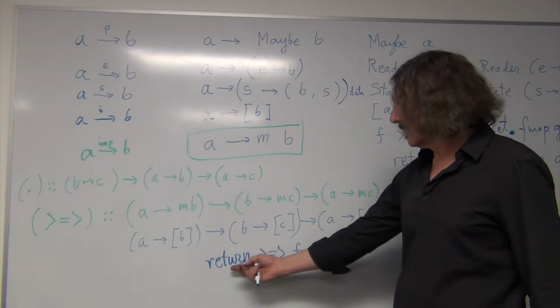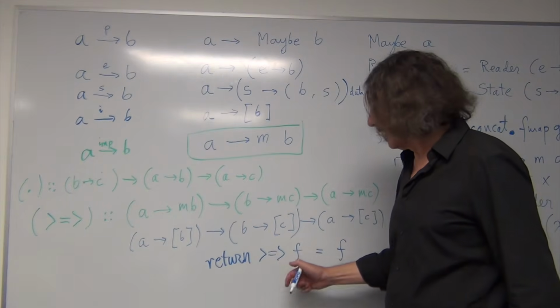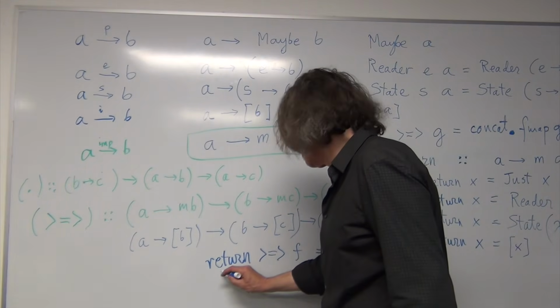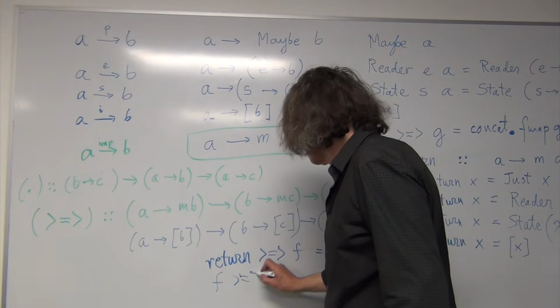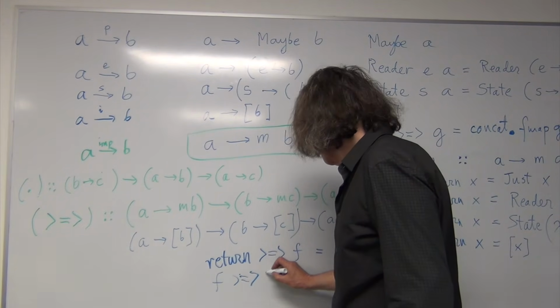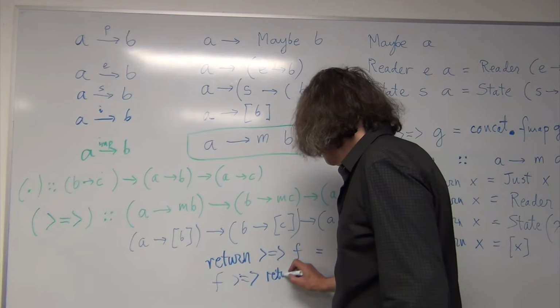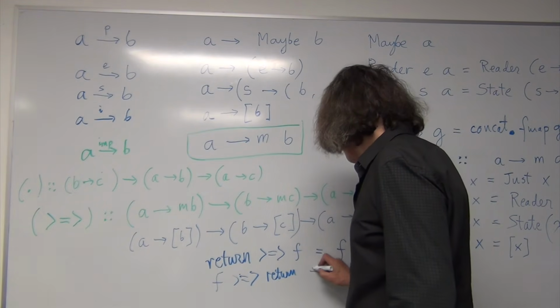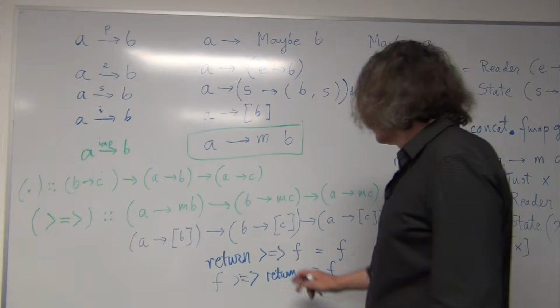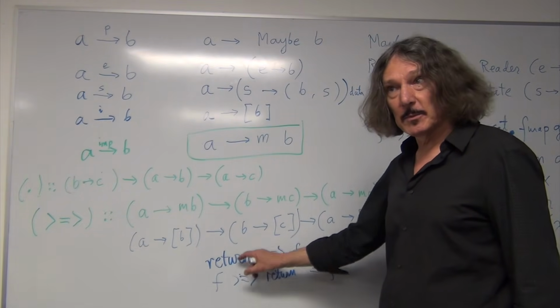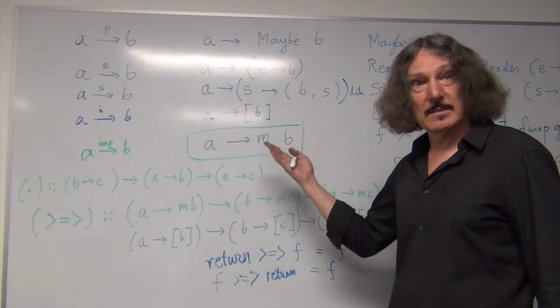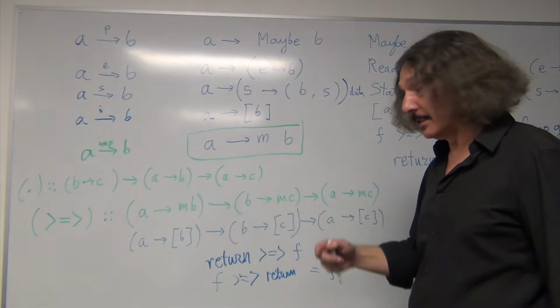So that means it's a left identity for Kleisli arrow. It also has to be a right identity for Kleisli arrow. So with return here equals f. So these are just unit laws, right? They have to be fulfilled if this is supposed to work like identity.